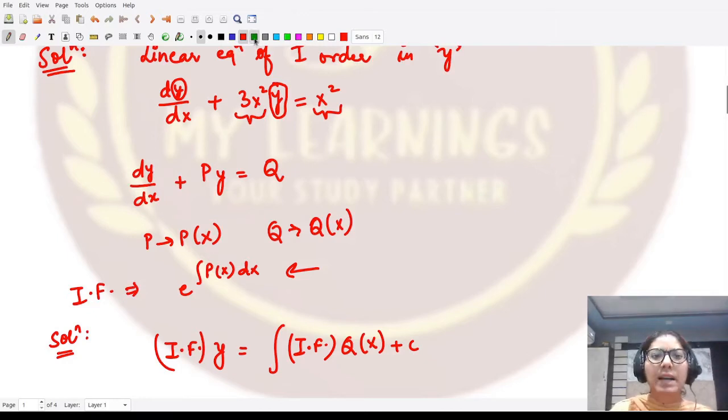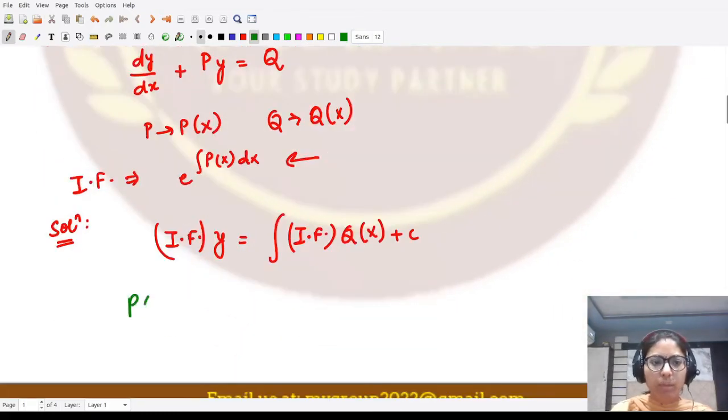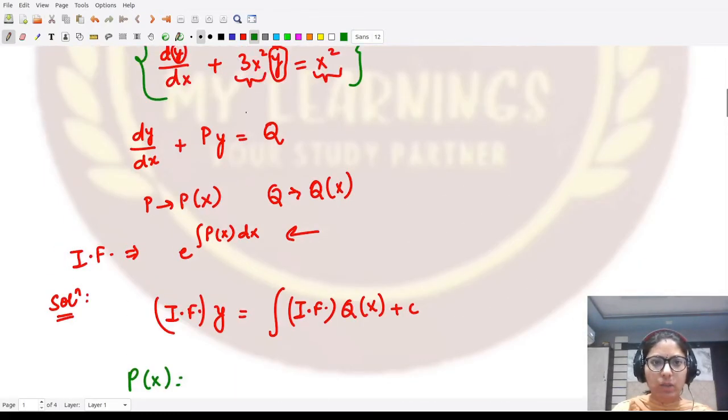So let's apply the same thing onto our differential equation. Here p of x is equal to 3x square, and q of x is equal to x square.